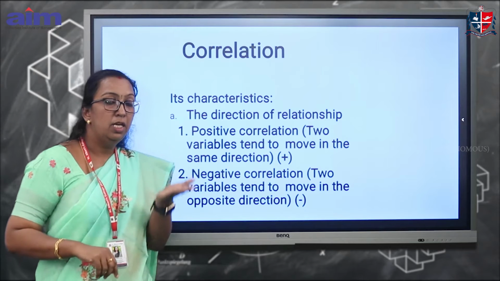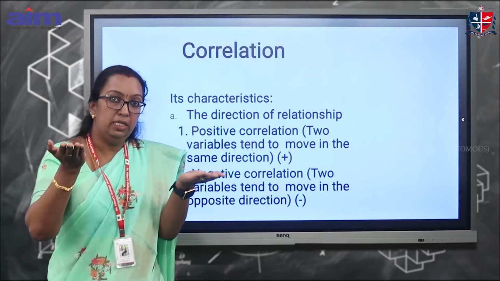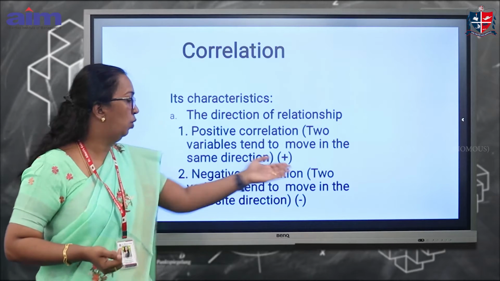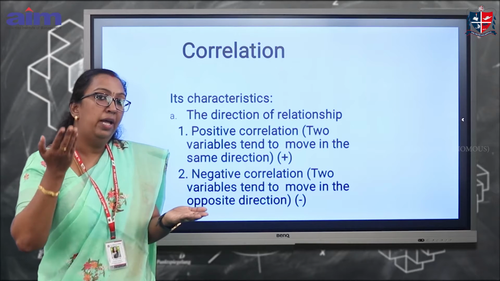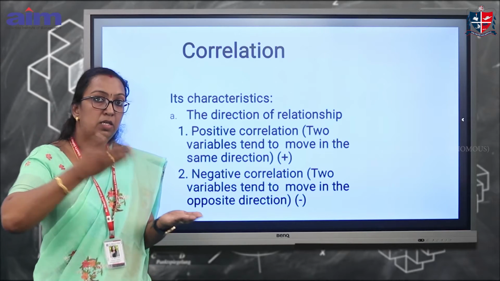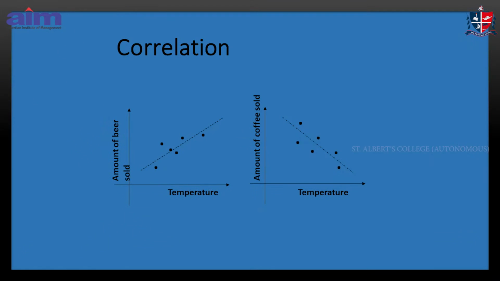That is, when your skill level increases, your income also increases, right? So this is a positive correlation. Negative correlation: when nutrition level goes down, your health problems increase, right? One is going down and the other one is going up. That is negative correlation. This is how it is represented in the graph.